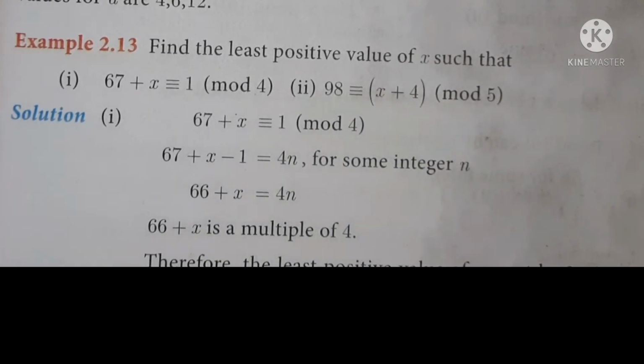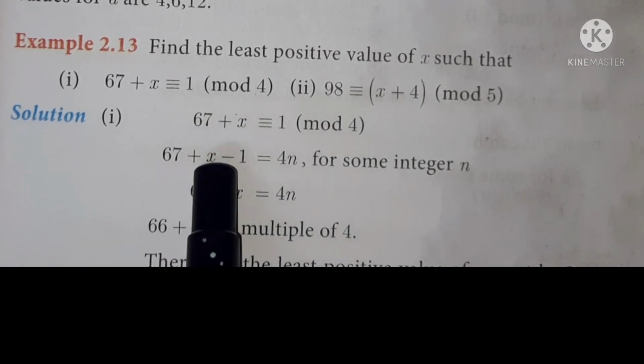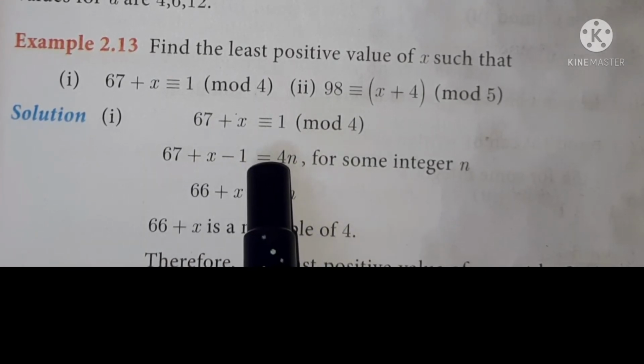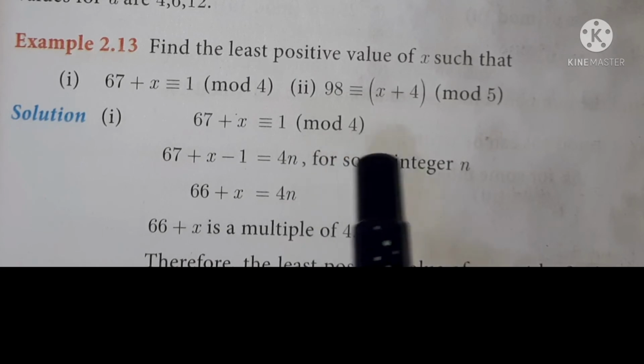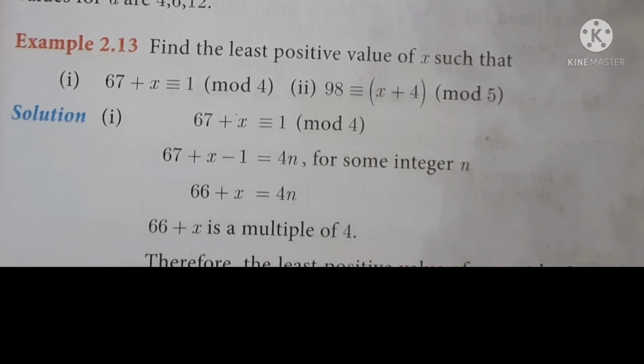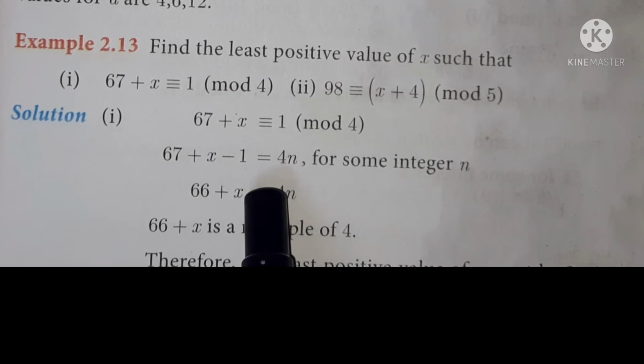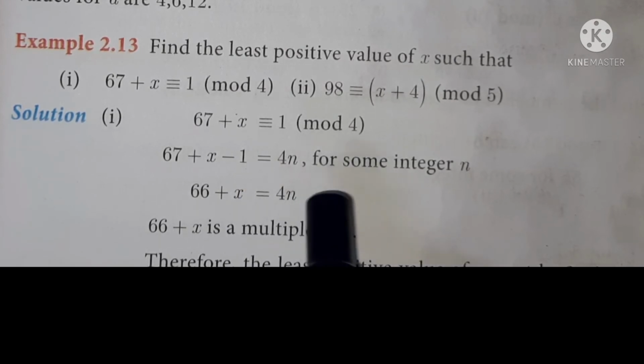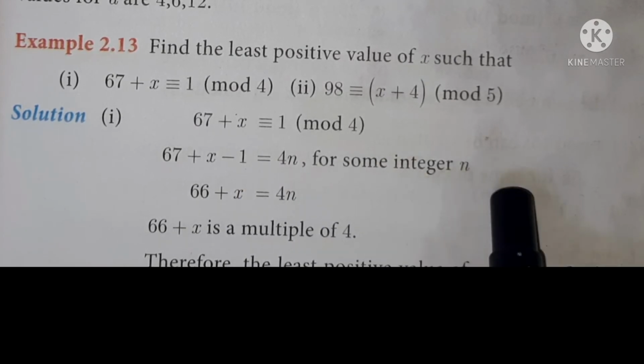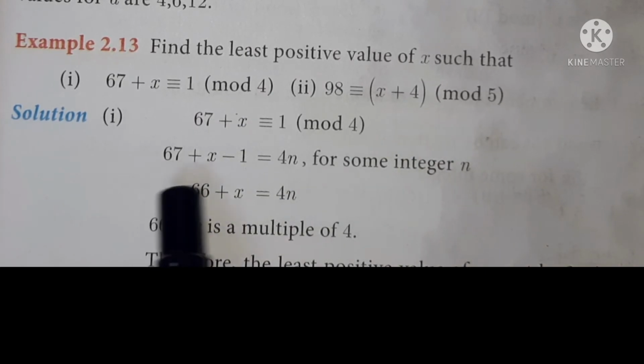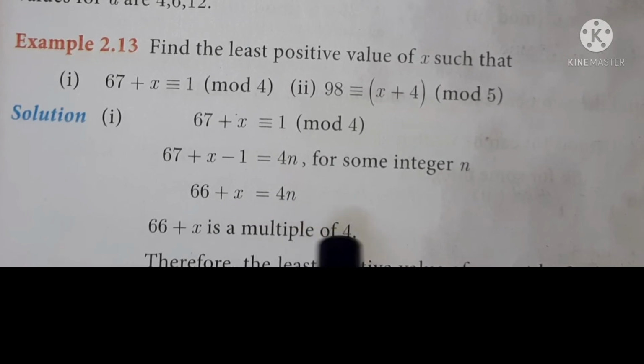To solve the first sum, given 67 plus x congruent 1 mod 4, it can be written 67 plus x minus 1 is equal to 4n for some integer n. 67 minus 1, we get 66 plus x is equal to 4n.